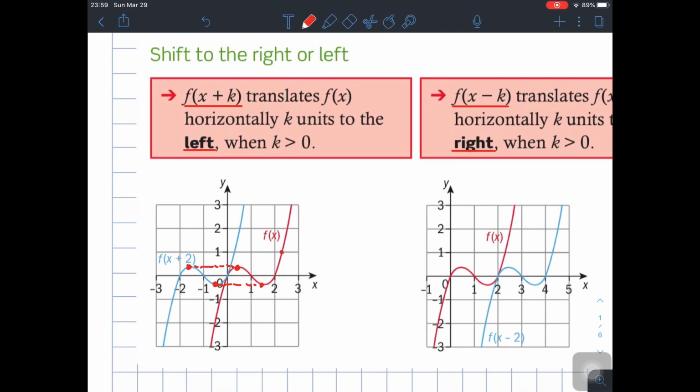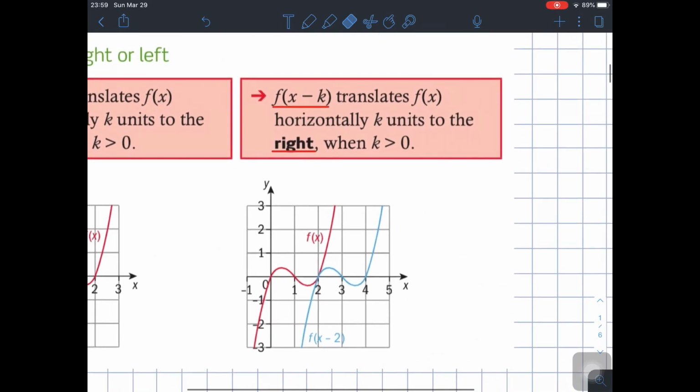For example, this one moves 2 units over here, this one 2 units over here, and so on, okay? Same thing occurs for this case, but we're moving in this case to the right, right? So f of x minus 2 would make all the points move 2 units to the right. 2 units, 2 units, and so on.